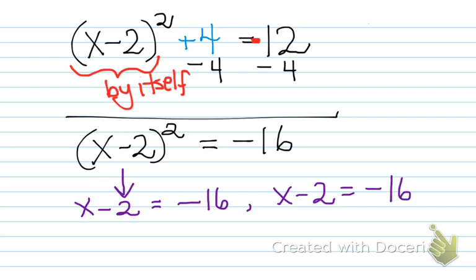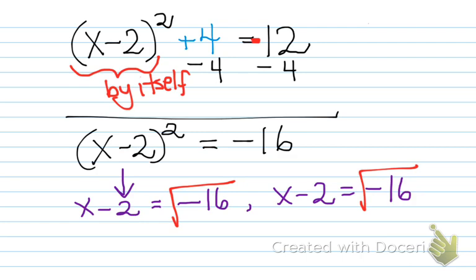Quadratics always have 2 solutions, so you need to copy this 2 times. Then we put a square root around the side that has the constant, or the right side.